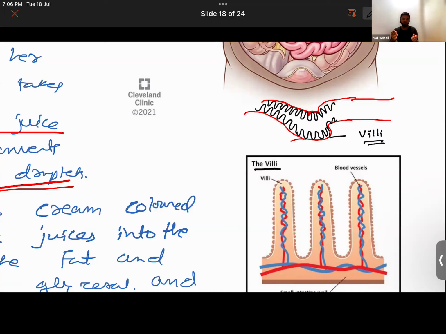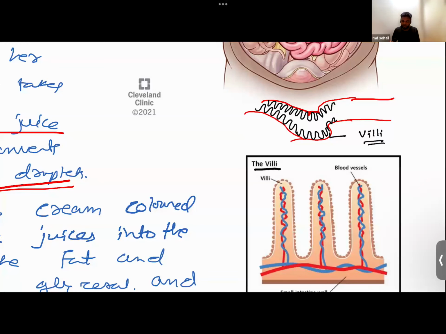Blood vessels, you know, are arteries and veins that transport the blood in our body. So the villi are very rich in blood vessels. Talking about the absorption part, the food is digested in the small intestine.